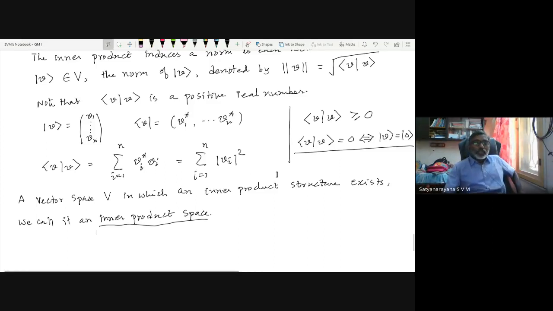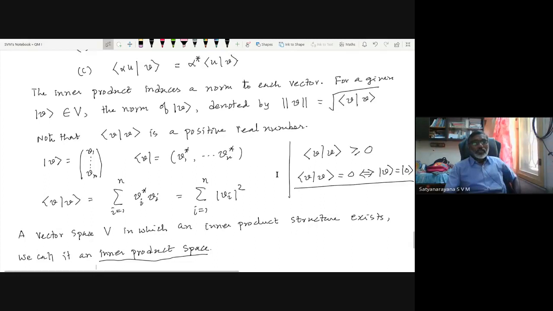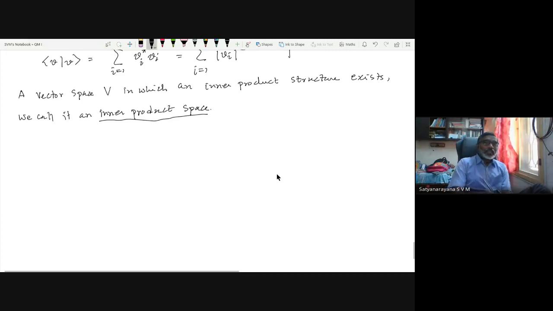The familiar inner product space for us is the vector dot product. So the dot product is the inner product for the three-dimensional Euclidean space that we are familiar with. So in R3, the inner product is the dot product.